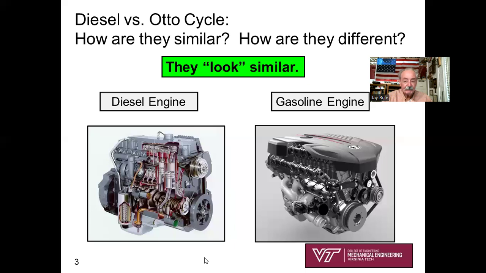Now, sharper people than I will say, well, I see this is an inline piston and cylinder engine, and this would be like a V8, a V-shaped engine. So certainly that is a mechanical difference. But the other key difference is that this is an image of a diesel engine, and this is an image of a gasoline or a spark ignition engine. So they look similar, don't they?